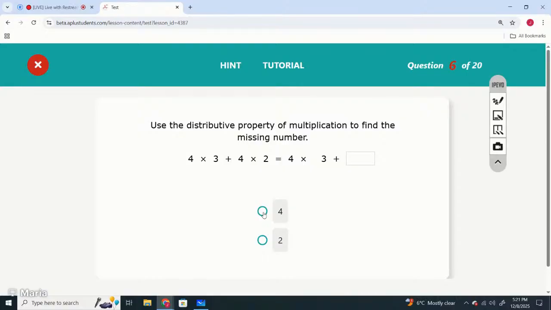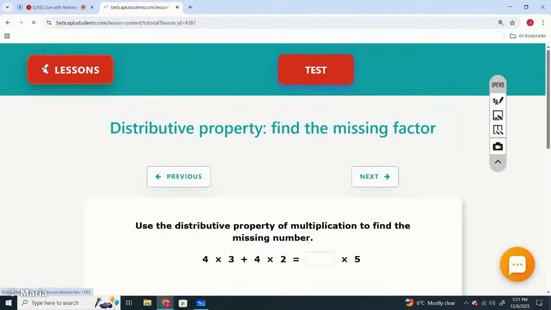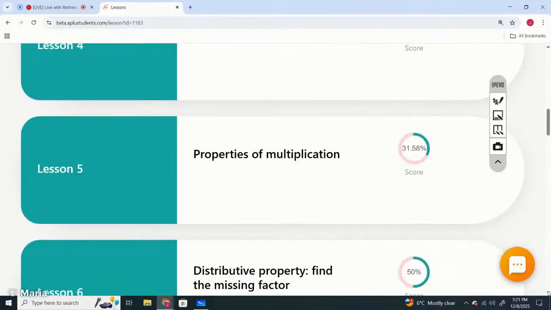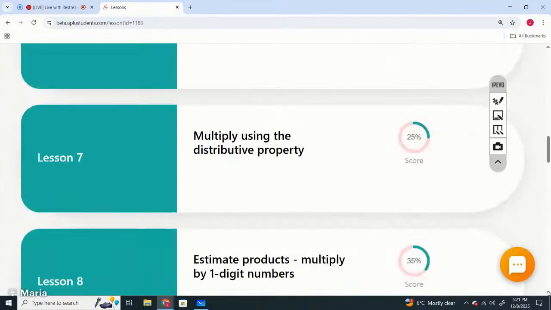The next lesson is multiply using the distributive property.